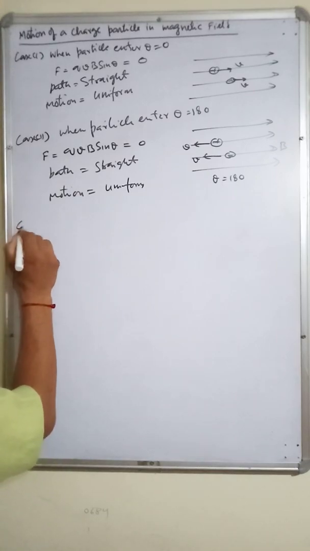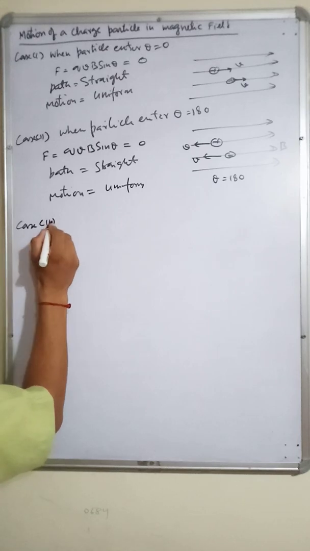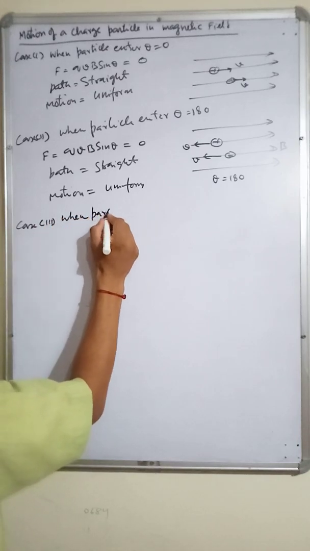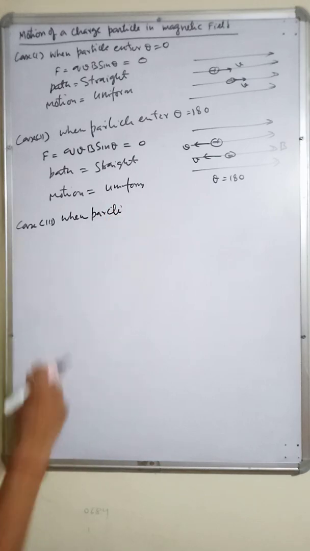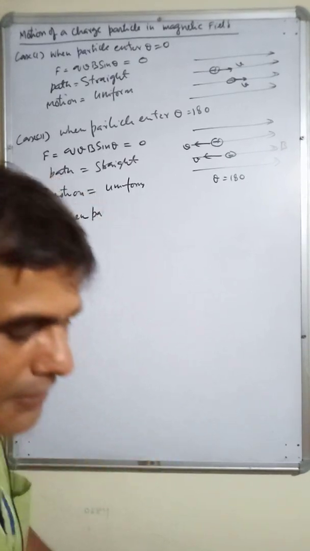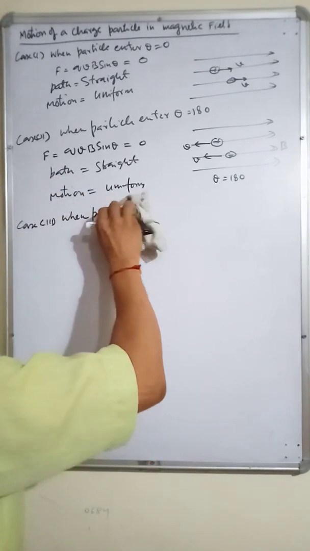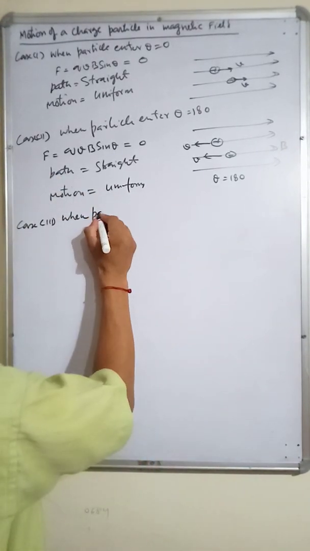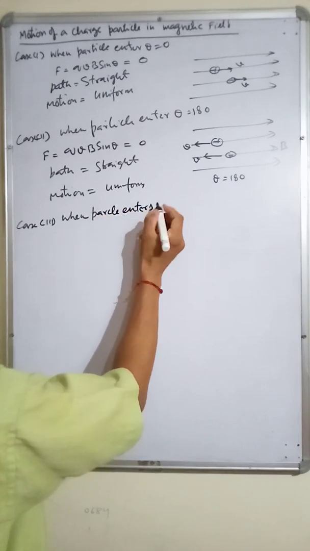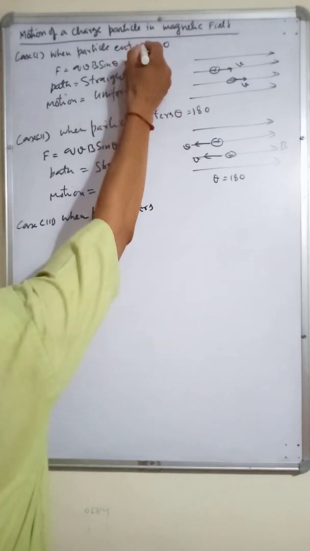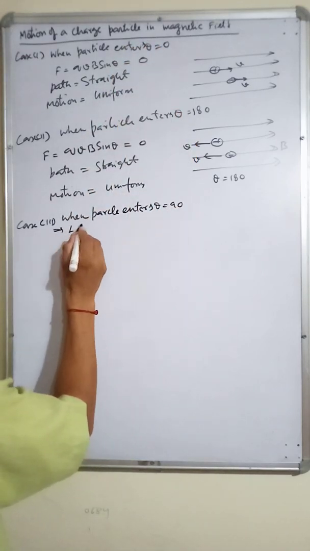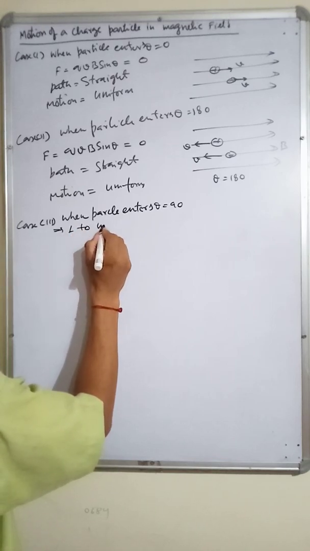Now the third case, when the particle enters at an angle of 90 degrees, which implies perpendicular to the magnetic field.